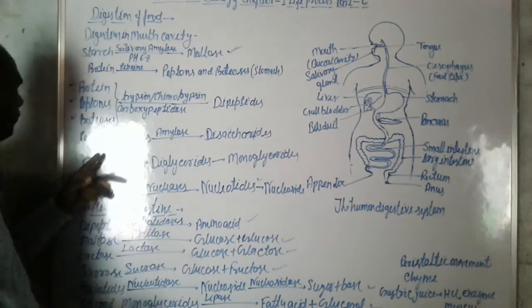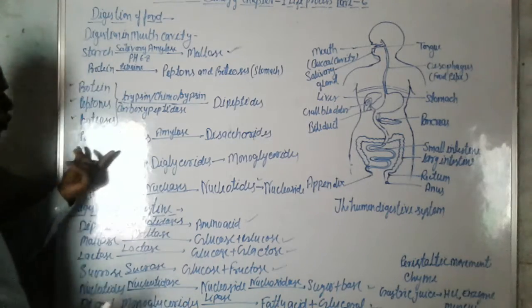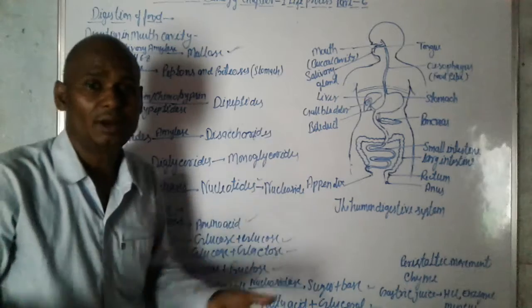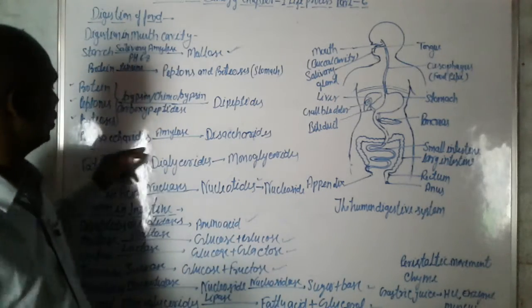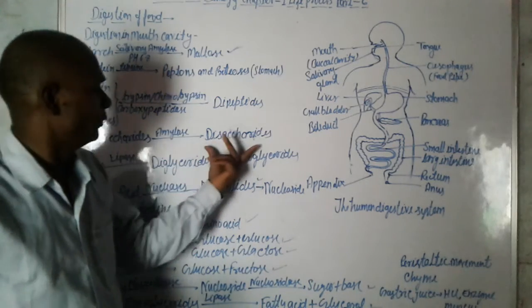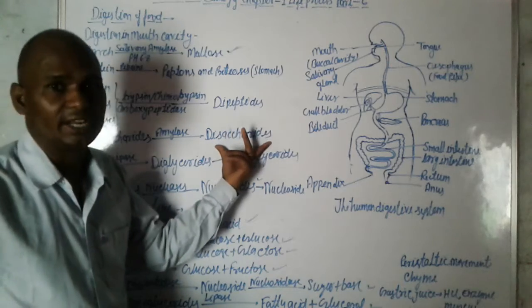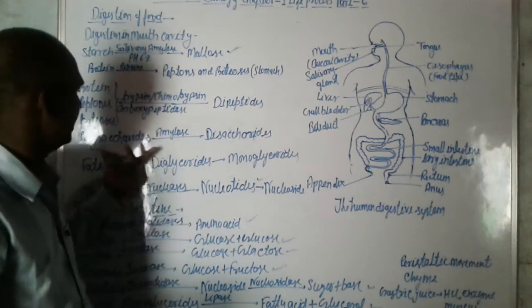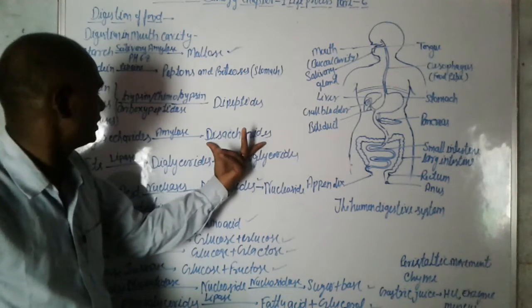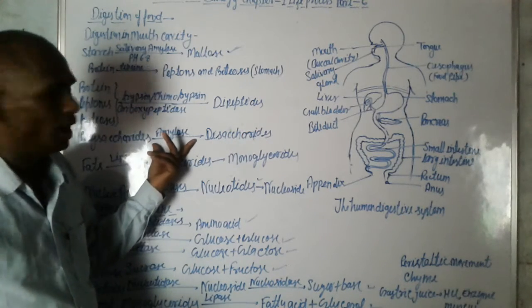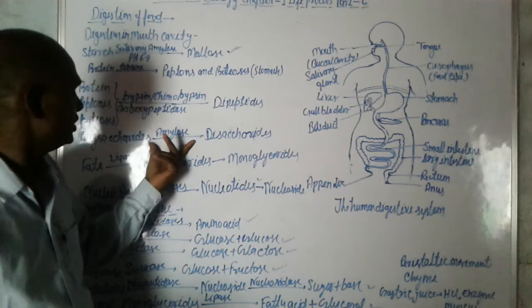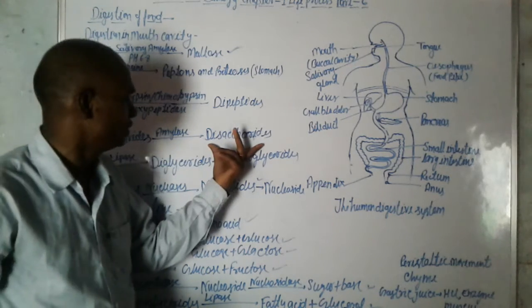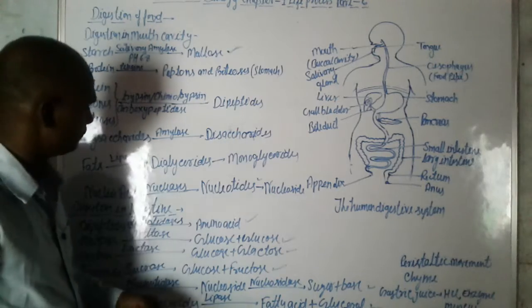Also polysaccharides, which are a part of carbohydrate, are converted into disaccharides with the help of amylase. You can see that amylase reacts with polysaccharides and produces disaccharides.